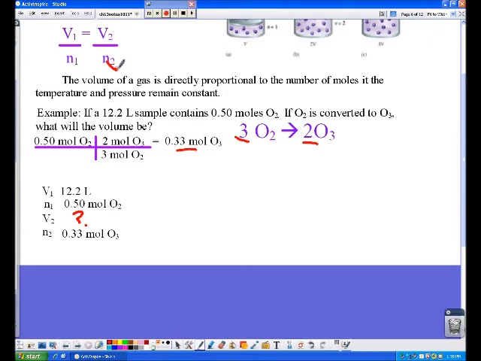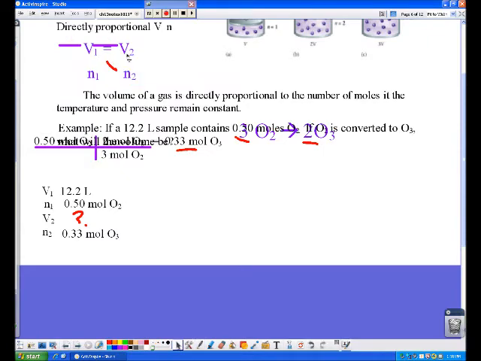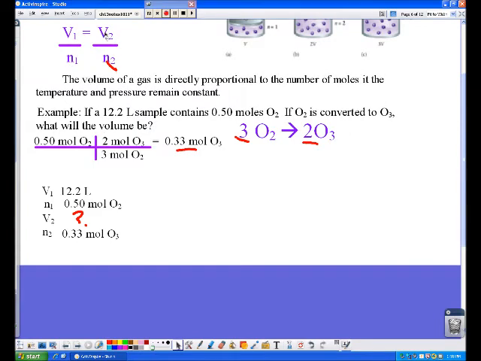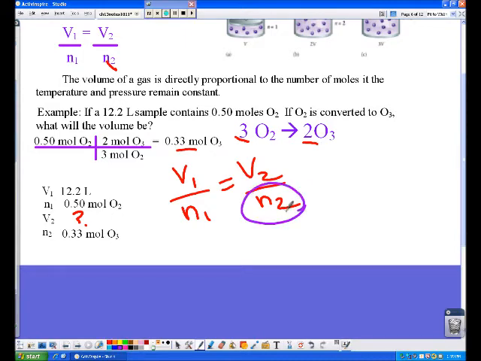So the equation V1 over N1 is equal to V2 over N2. I'm going to rearrange that for volume 2 and cross multiply the N to the other side. So it becomes V1 N2 over N1 is equal to the new volume.